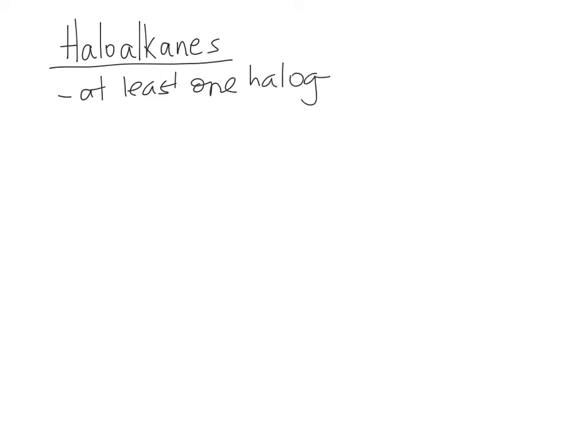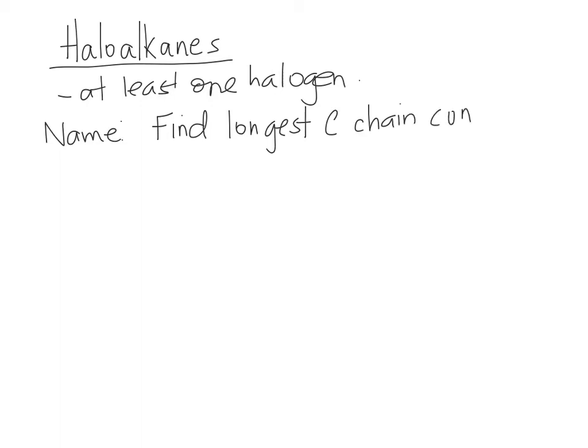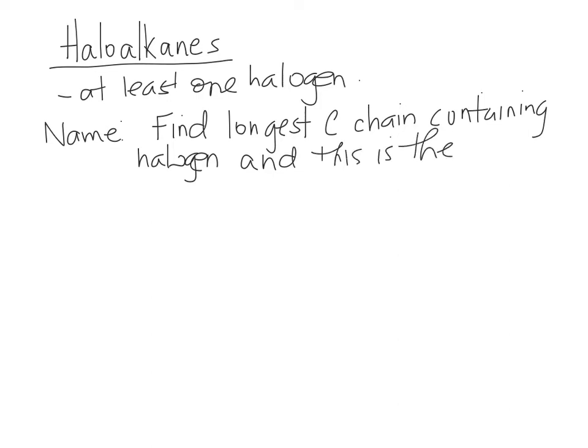Now when you're naming them, find the longest carbon chain, the longest continuous carbon chain containing the halogen, and this is the parent chain or the root part of the name.